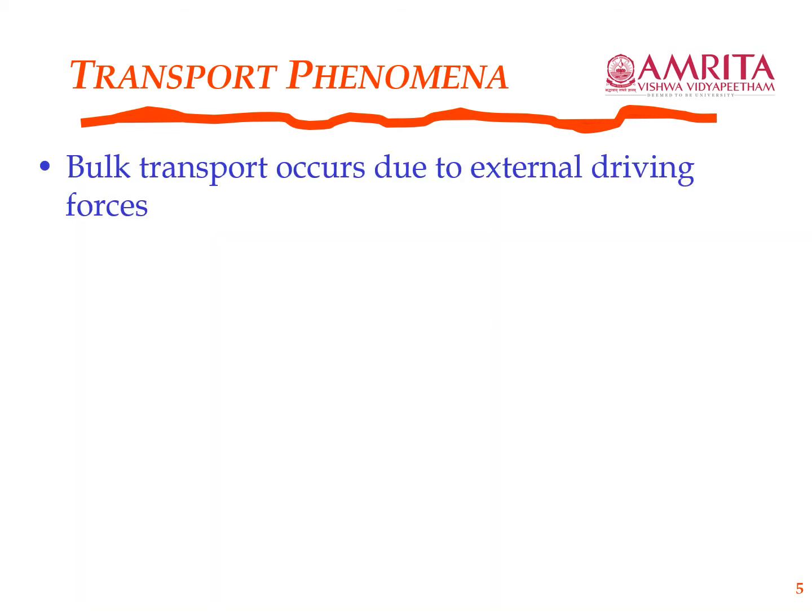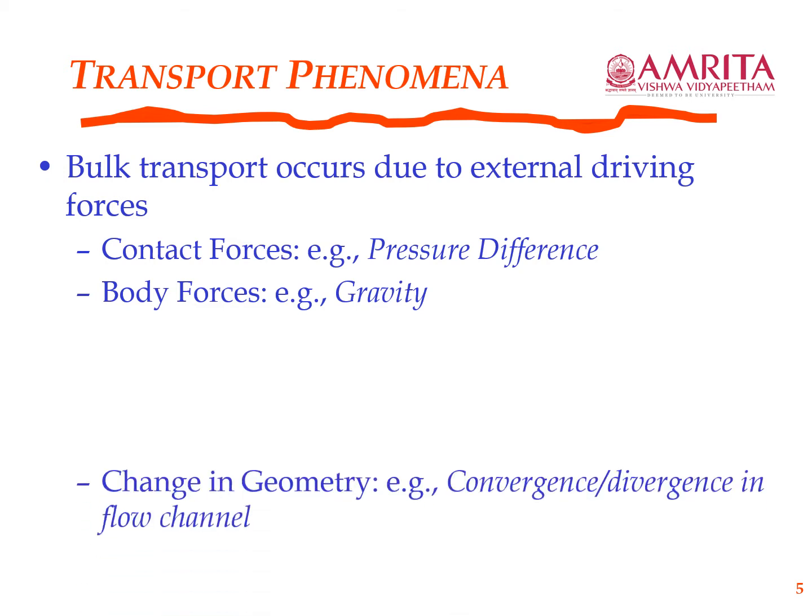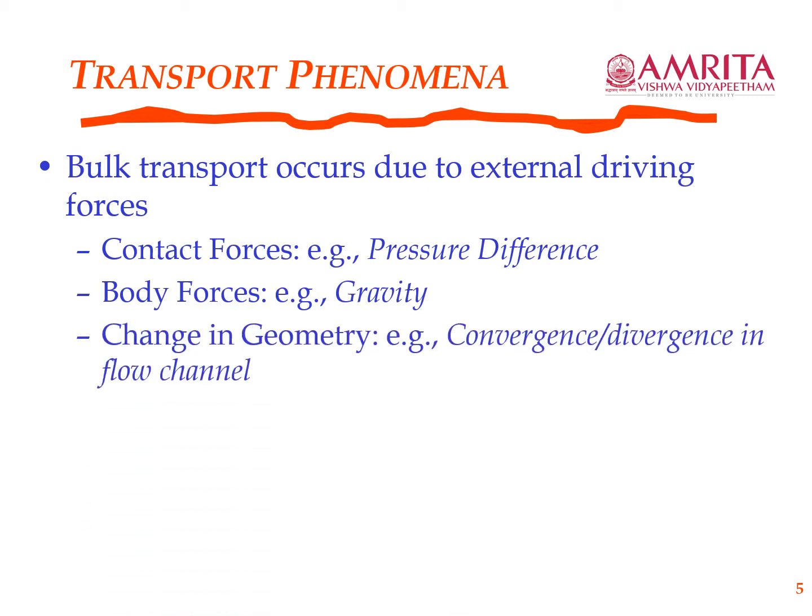So bulk transport occurs due to external driving forces. Now this could be either contact forces such as pressure difference, so there is a push essentially for a fluid to flow, or body forces such as gravity or radiation, for example. And then of course there are also geometric considerations that cause bulk transport.